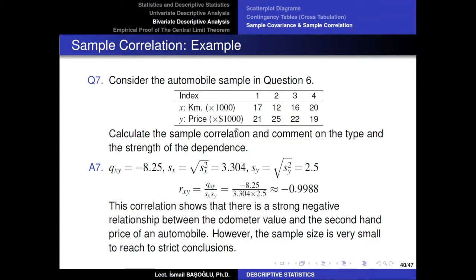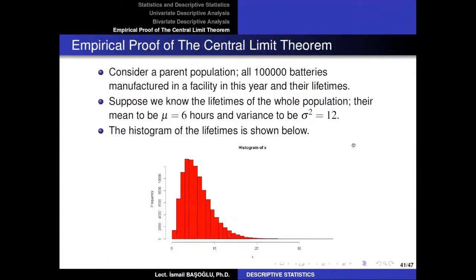Making such a comment with such a small sample size is not a good idea. So we can increase our sample size. We can, for example, check 100 automobiles instead of 4 automobiles, and based on those results, we can make a much stronger conclusion. All right, so this is the end of the video lecture for this presentation file.